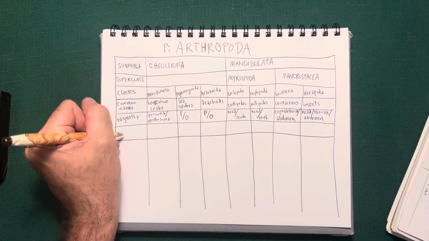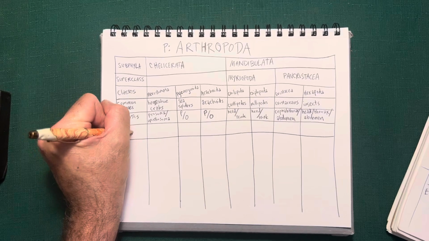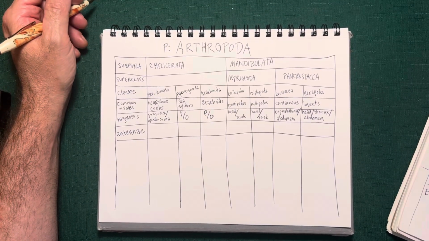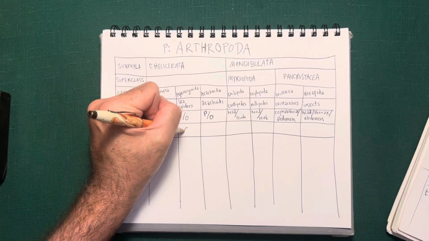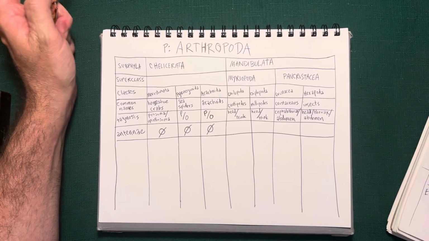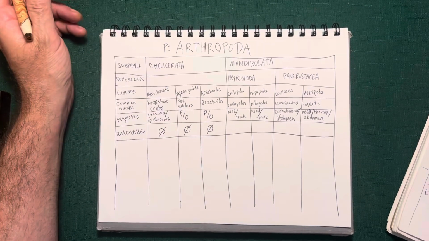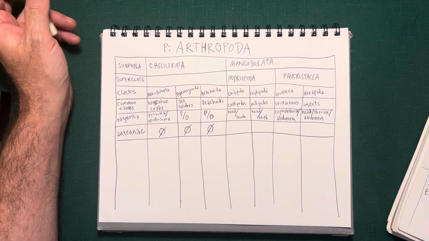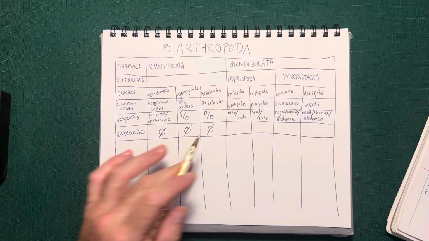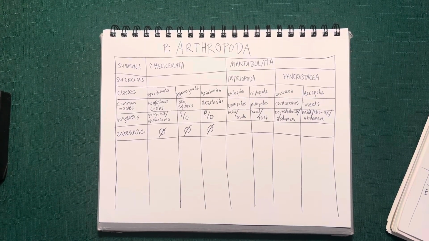Let's talk about antennae. Well, none of the Chelicerata have antennae. So no spiders have antennae. No scorpions have antennae. No ticks have antennae. None of our Chelicerata have antennae.